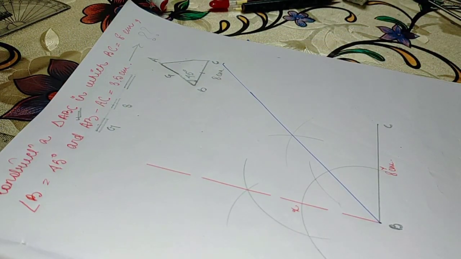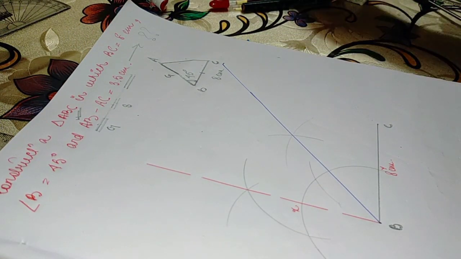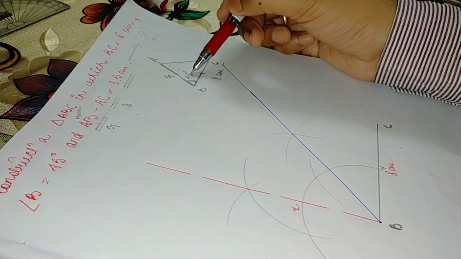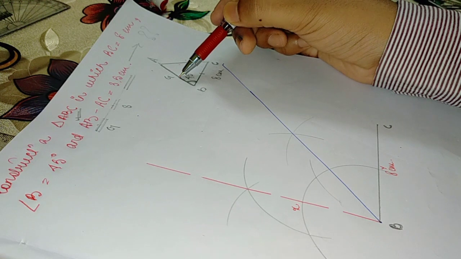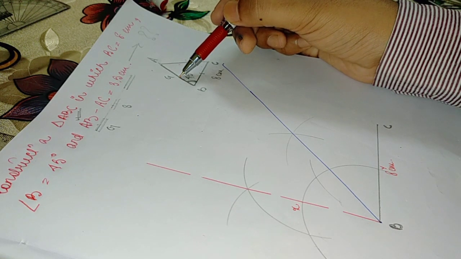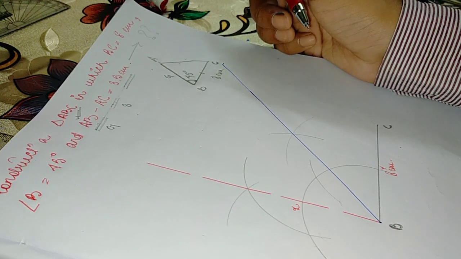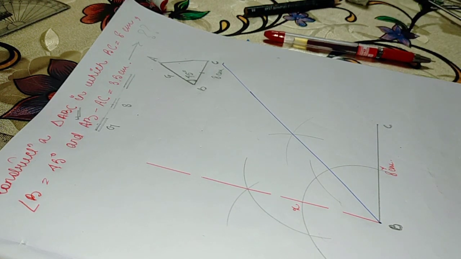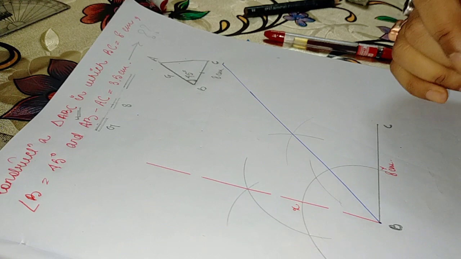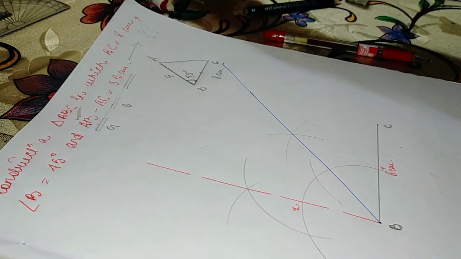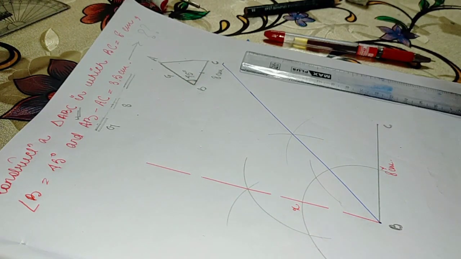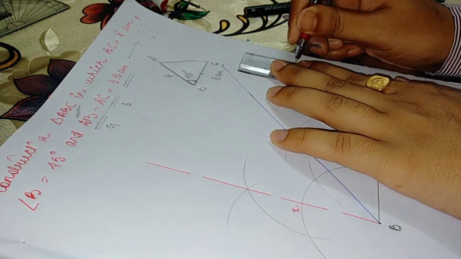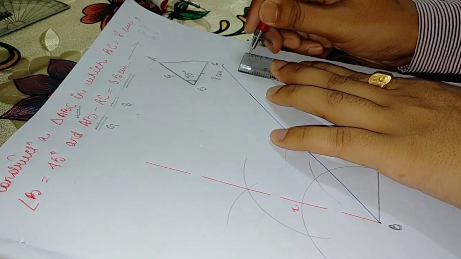Till here it is clear. So I had said that if such a situation arises that the side adjacent to the given angle is greater, then the diagram will be made at the top. So how will it be at the top? So what is the difference given? 3.5 centimeter. I am taking in the corner 3.5 centimeter.